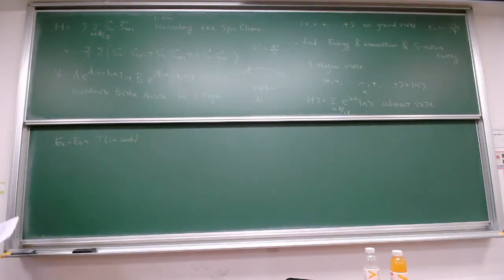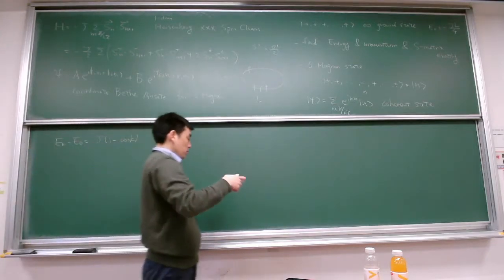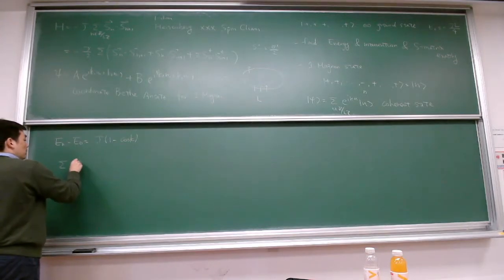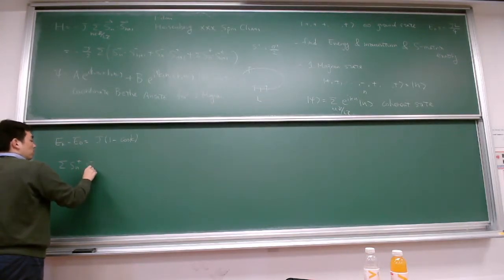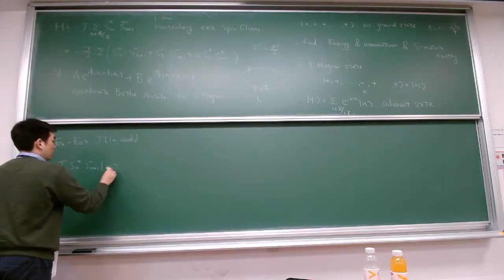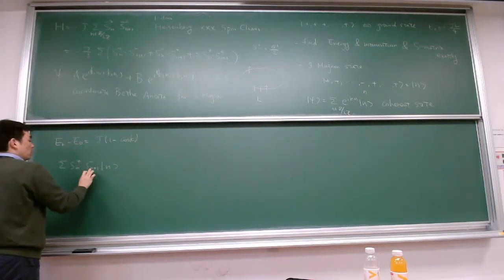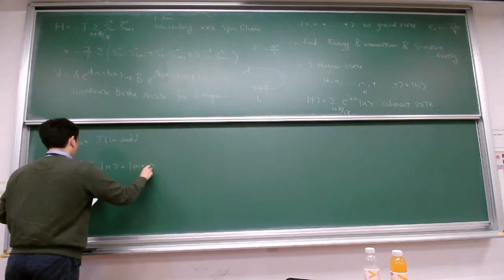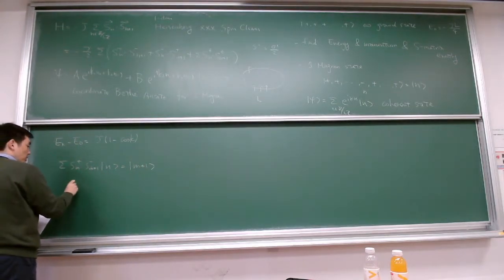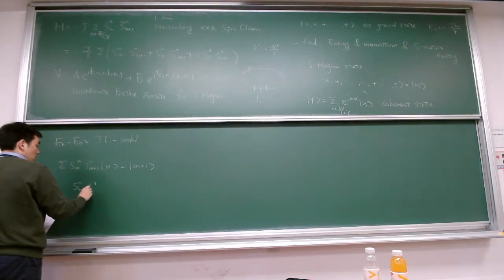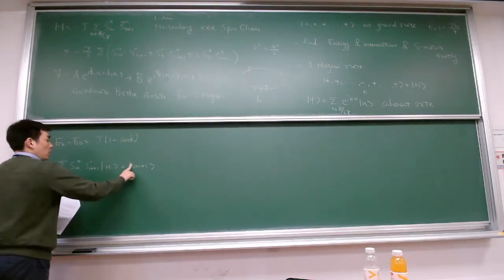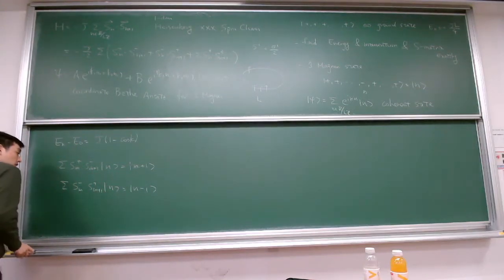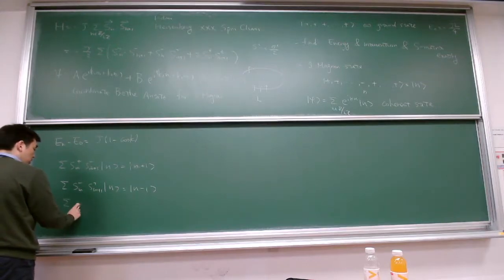It's a straightforward exercise, using how the sum of S_n^+ S_{n+1}^- acts on |n>. I think I should call it m, which is equal to n plus 1. And then if you swap the minus and plus, this becomes n minus 1, and so it's just the eigenvalue.